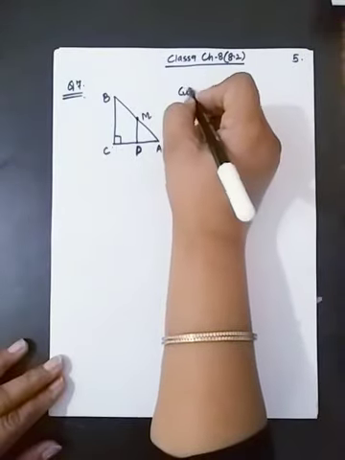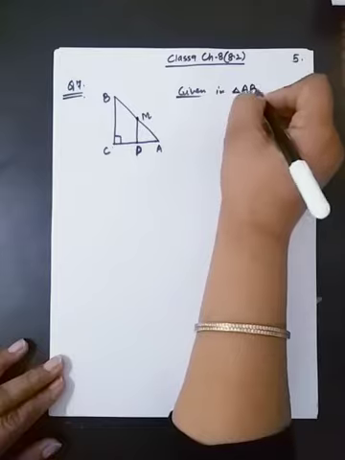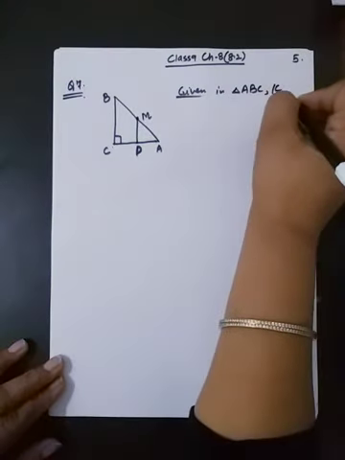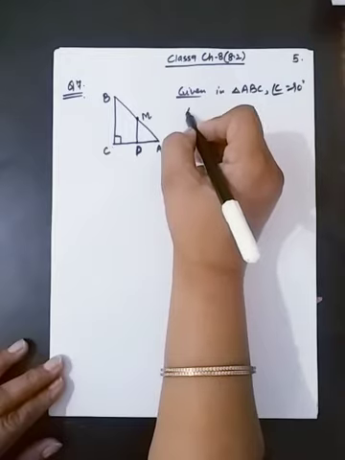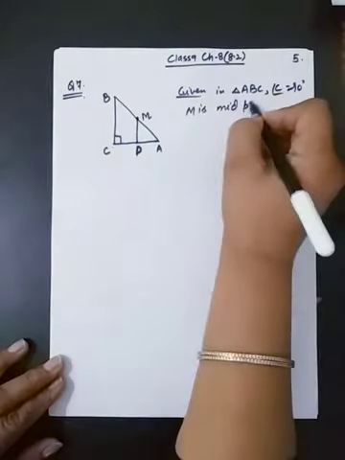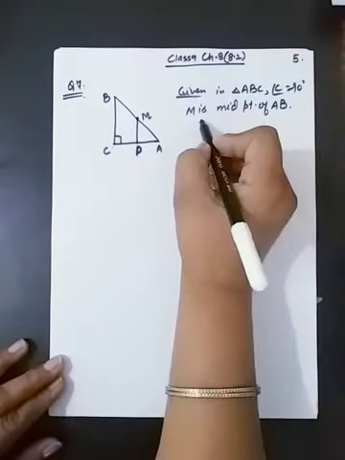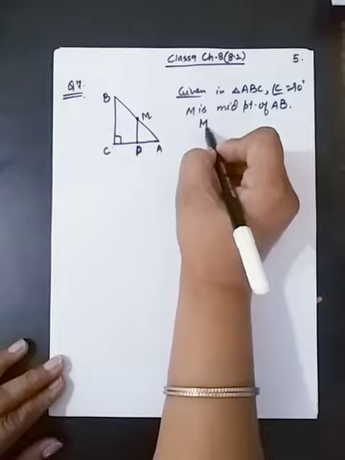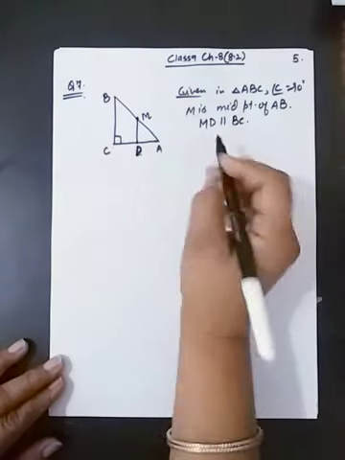So let us write given in triangle ABC, angle C is equal to 90 degree and M is midpoint of AB and MD parallel to BC. This is also given to us.